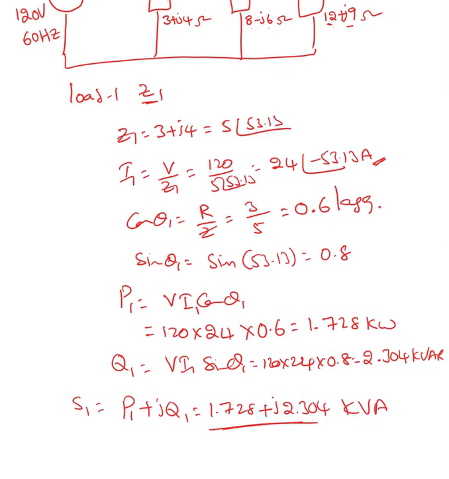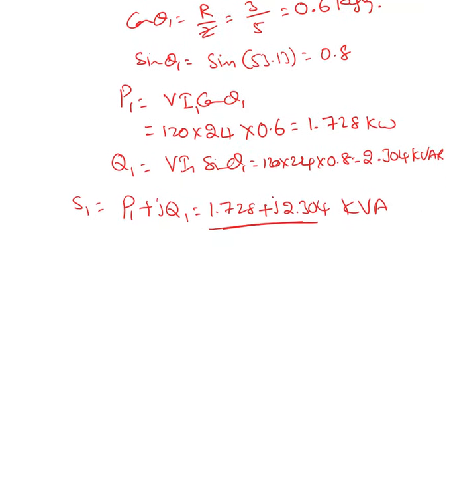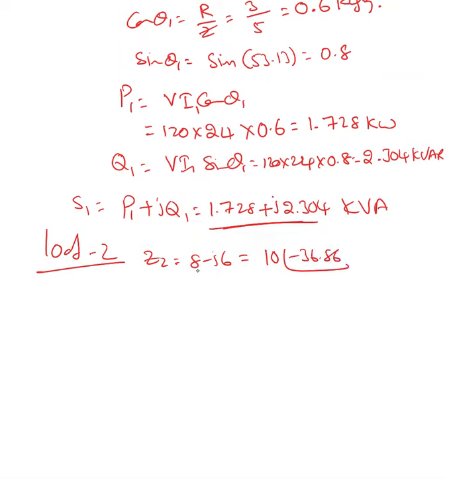Okay, now load 2, I have 8 minus J6. Z2 equal to 8 minus J6, which is nothing but 10 at an angle of minus 36.86. So that's a capacitive load. So cos theta 2 equal to R over Z, 8 over 10, which is 0.8, leading power factor though, because it's a capacitive load.